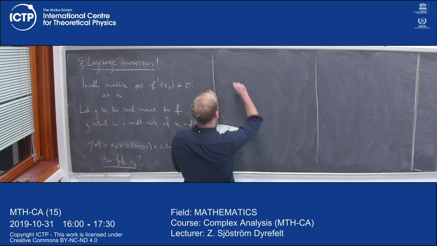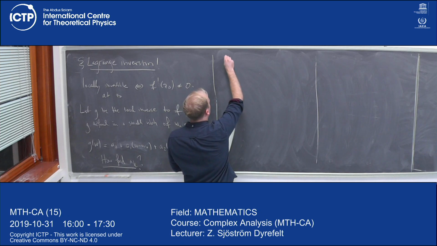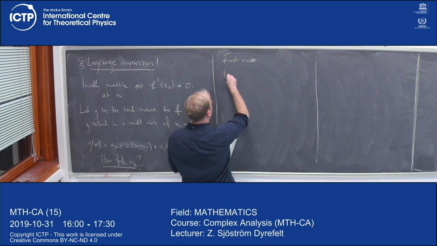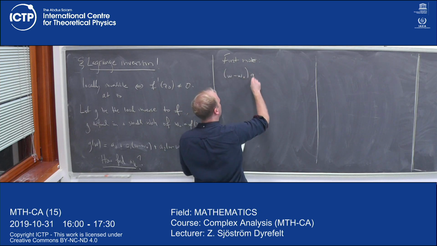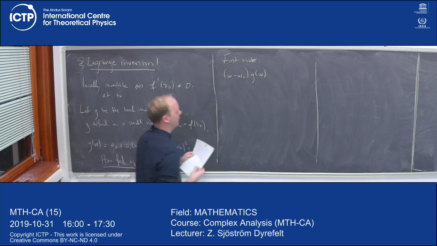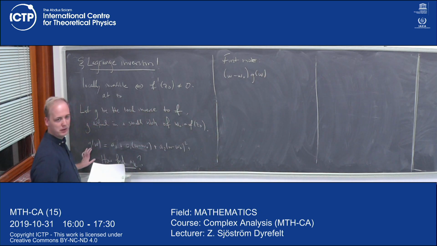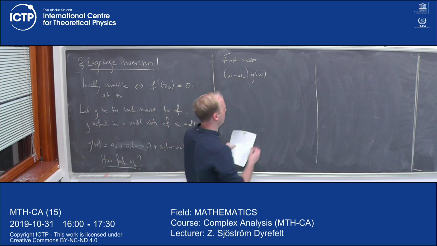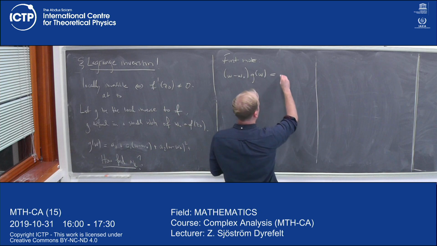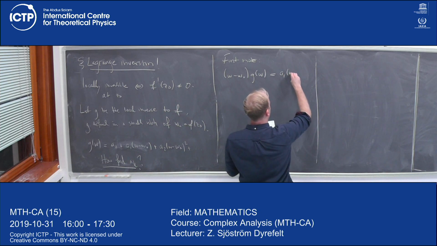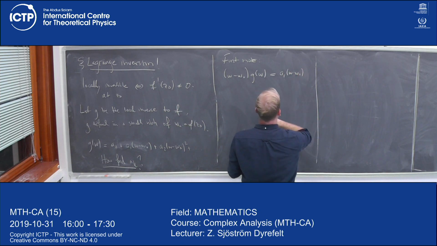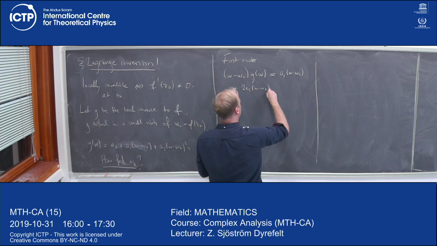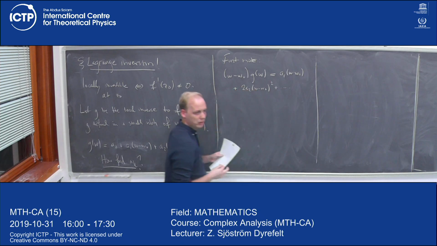So now, to do this, first note: we consider G of w that we're interested in, and we multiply it by w minus w0. Then this is equal to a1 w0 plus 2 a2, and so on.